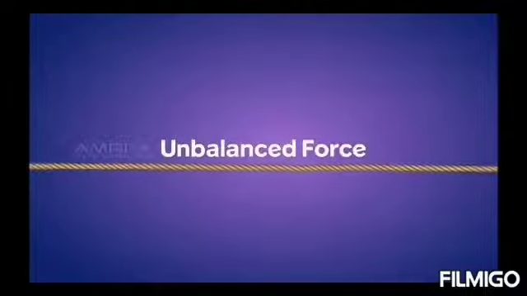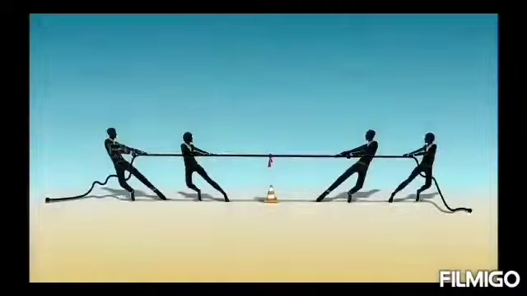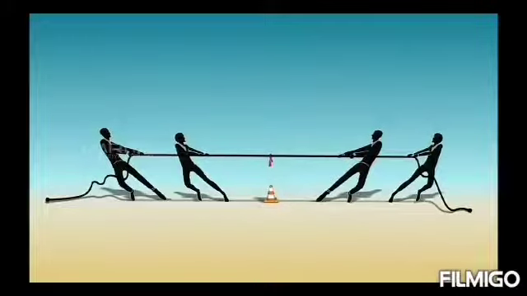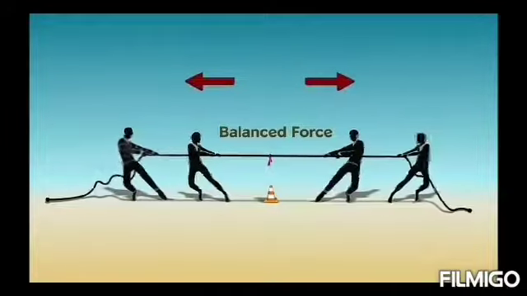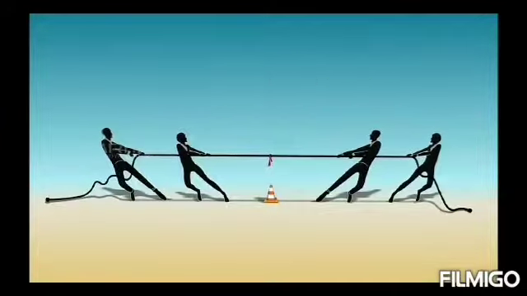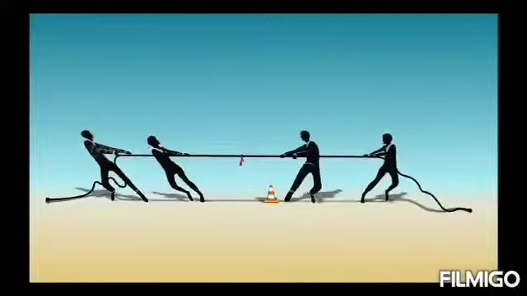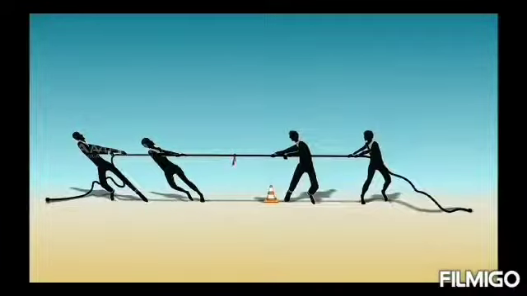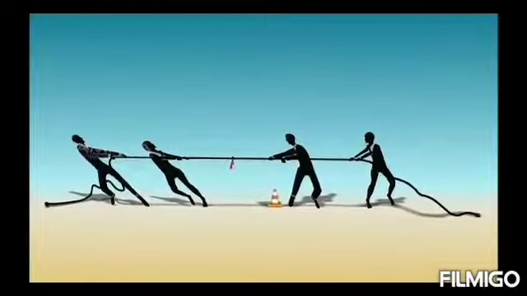To understand this, we need to know about unbalanced force. In a tug of war game, you would see two teams pulling a rope in opposite directions. If the rope does not move, the forces applied by the teams are balanced forces. If one of the teams applies greater force and pulls the other team, the rope moves towards their side.